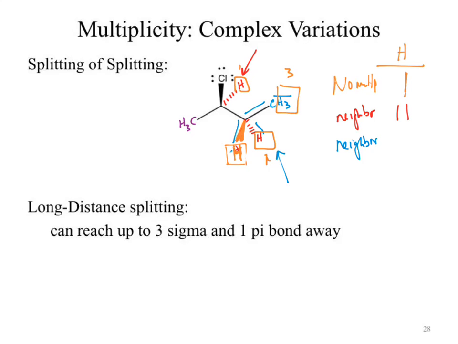What happens to our signal if we have 1 neighbor? It splits into 2 peaks. But what signal are we splitting? We're splitting one that is already split into 2 peaks. What's the result? 4 peaks. Because our signal has already been split, we now have to split the new signal. The new signal is already 2 peaks, so we have to split it.